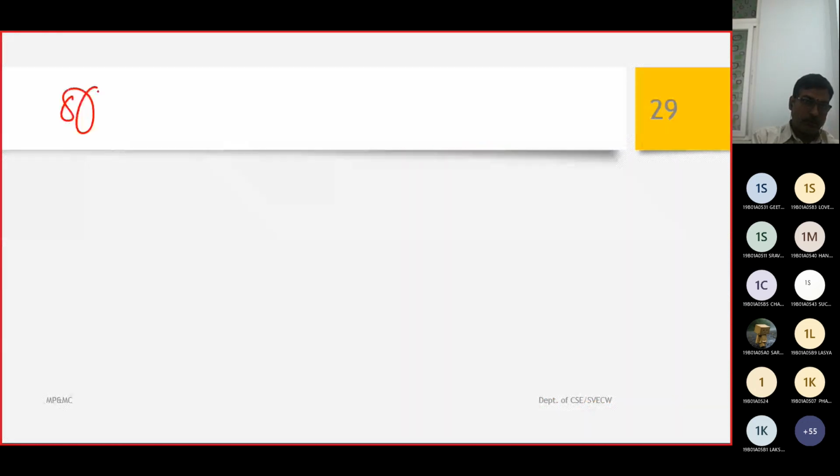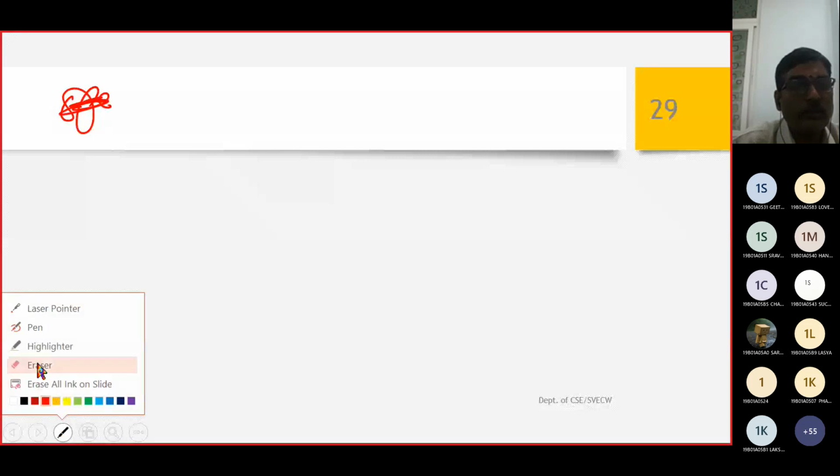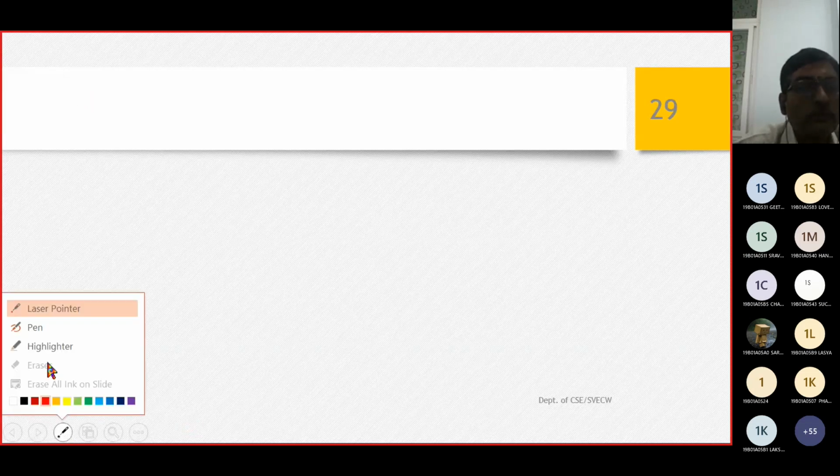Next one. The next flag was the overflow flag.